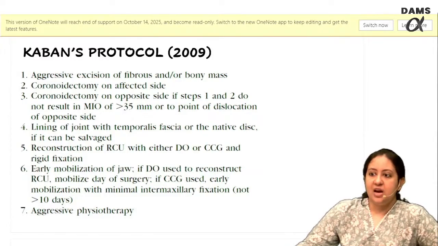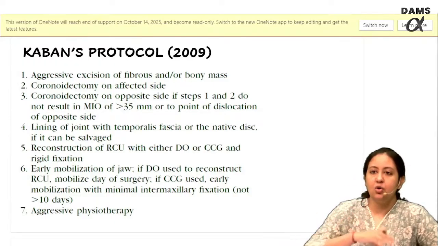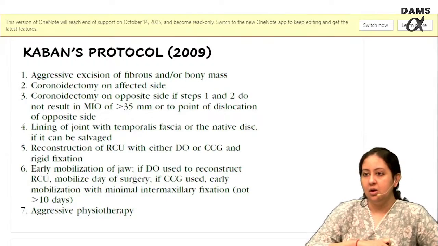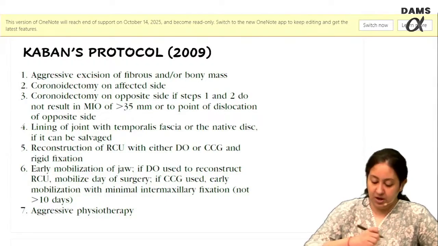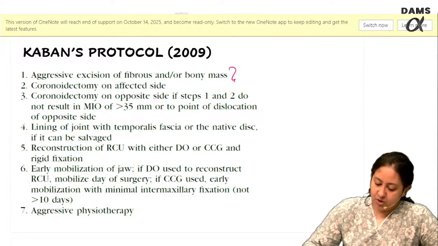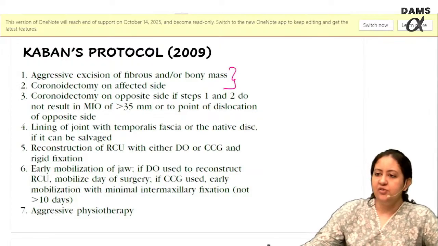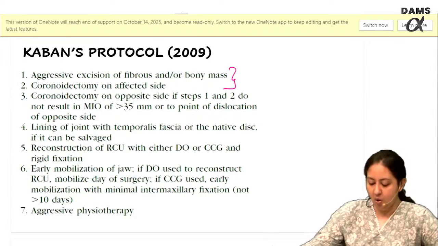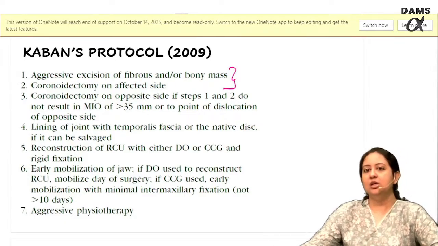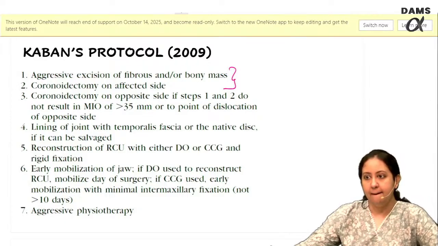Coronoidectomy on the affected side, so that you can achieve a good mouth opening. Now, after doing these two steps, if you have achieved an interincisal mouth opening of 35 mm or more, then you can directly go to step 4.